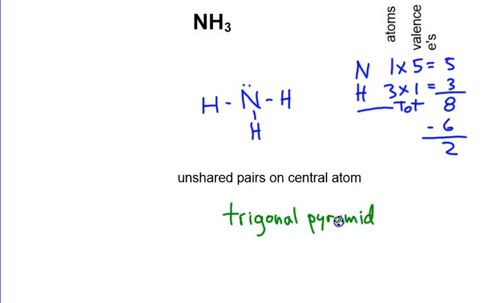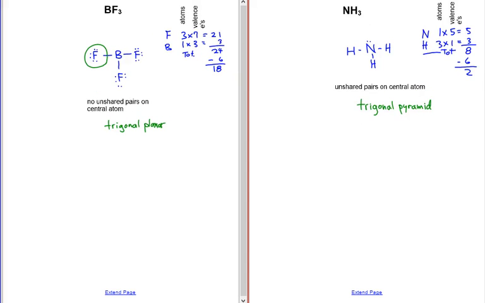Trigonal pyramid. Now let's look back. Let's compare a couple of things. See the difference between the trigonal plane and the trigonal pyramid? On the right hand side where we have the ammonia, we've got unshared pairs. So that became a pyramid, and this boron trifluoride is trigonal planar.